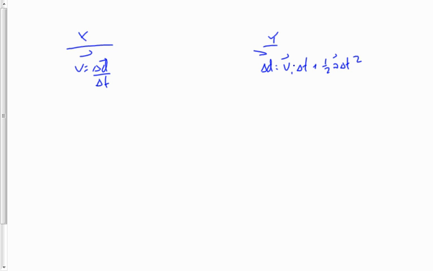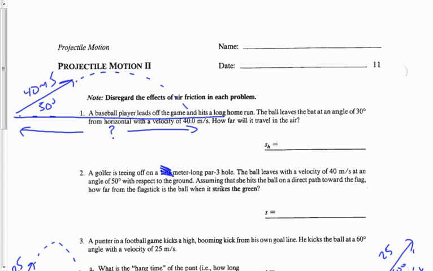We do this for every single one. On your unit test, and on question number 1 on your final exam, when we have a projectile motion question, you need to start off this way. X and Y, and if there's a funny angle, get rid of the funny angle.